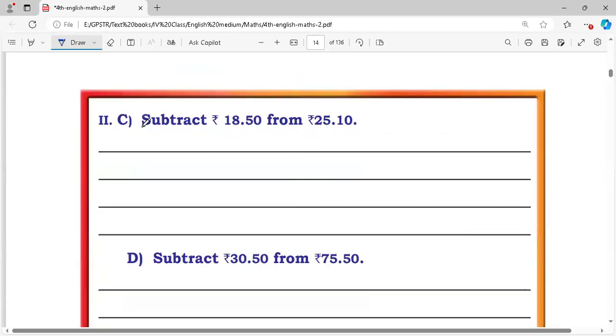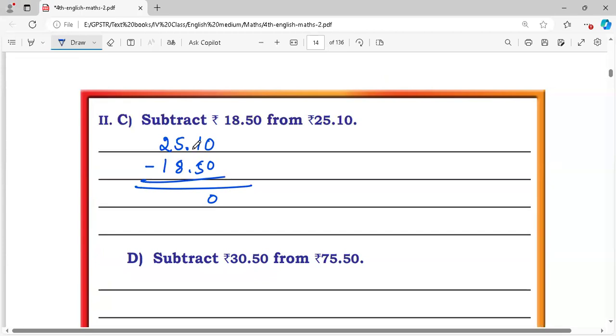Second one. Subtract 18 rupees 50 paise from 25 rupees 10 paise. Write 25 rupees 10 paise and 18 rupees 50 paise, with the subtraction sign. 0 minus 0, 0. 1 minus 5 not possible.